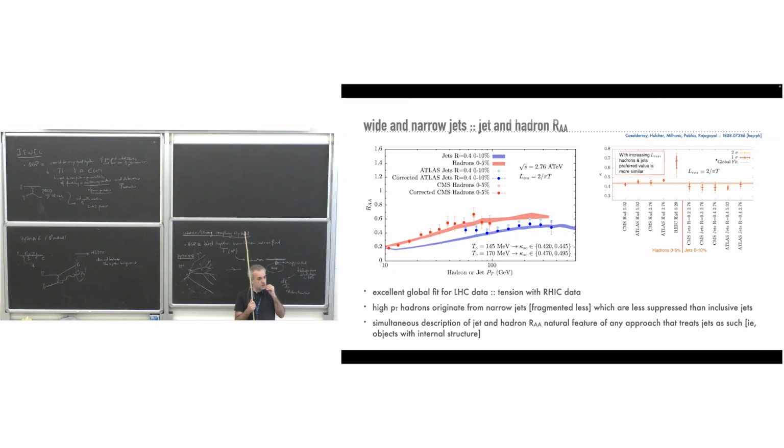A jet is a composite object, where in any of these models each propagating parton is a candidate for energy loss. So the energy loss of the jet is not the energy loss of one thing; it is the energy loss at each instant of time of however many things there are in my tree. So energy loss is roughly proportional, I'm not saying what the power is, to the number of constituents.